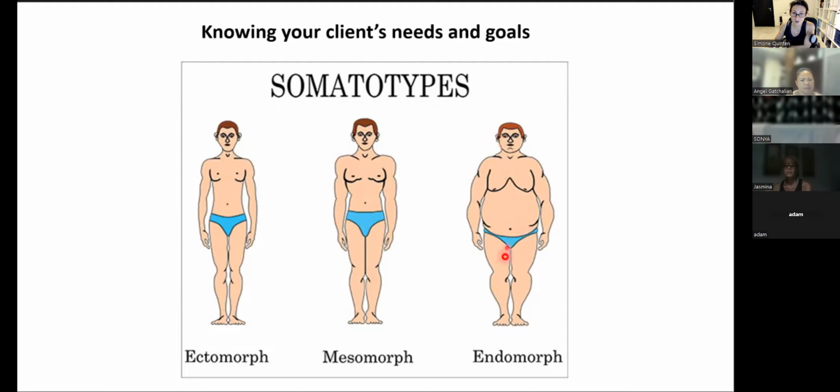Okay. The endomorph is a structure and a genetic predisposition that you have. So you cannot change genetically how you are born, but you can change how you look. And remember, we talked yesterday about the muscle fibers. With training, you can actually change how you look. An ectomorph will never become a mesomorph naturally.